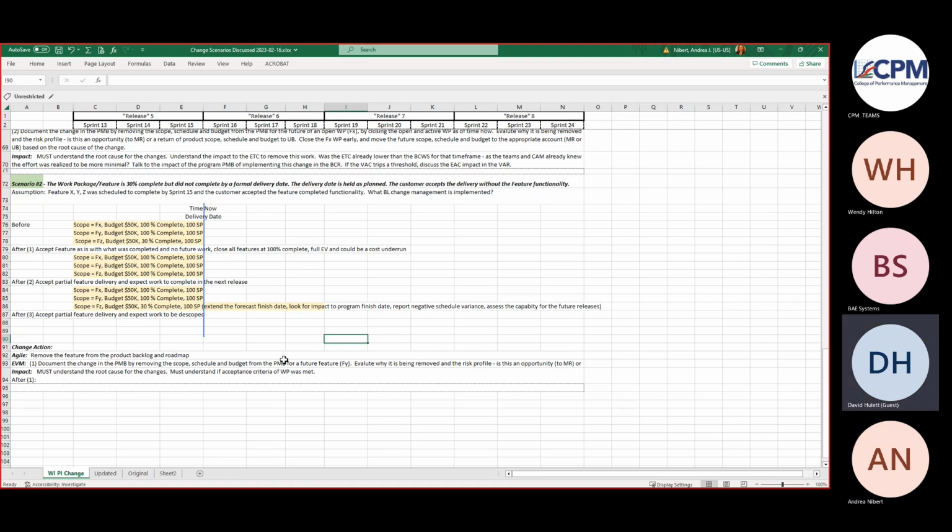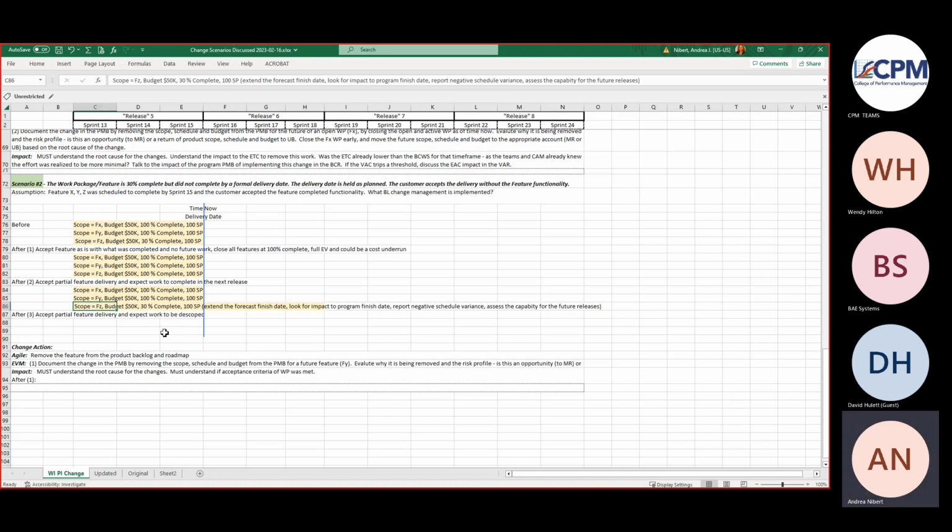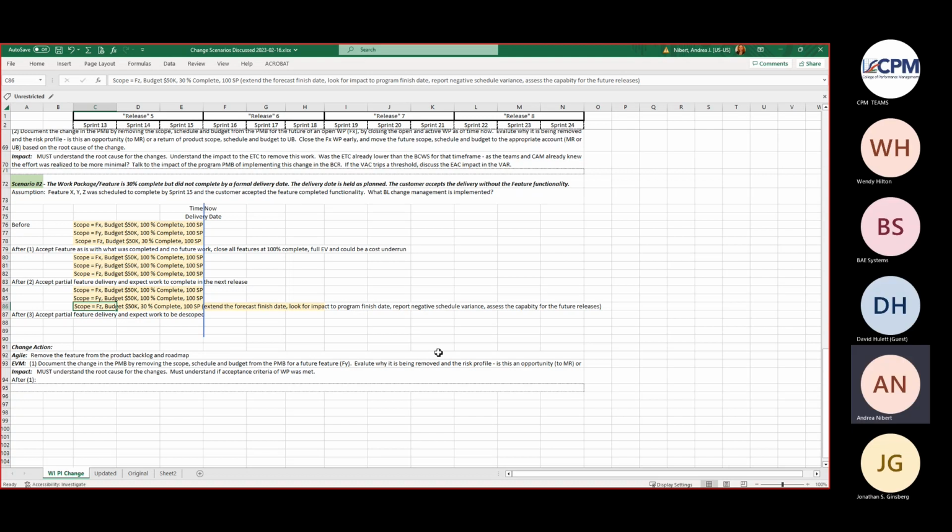Correct. Which doesn't admit that they've got to double their staff or something to meet the next milestone. And so what I'm documenting here is that we will have a negative schedule variance, period. Yeah.